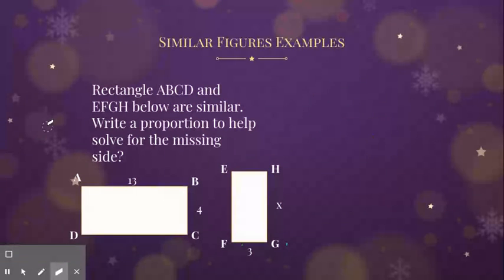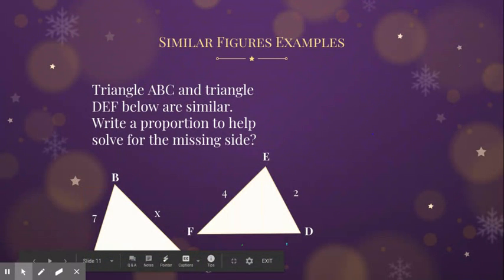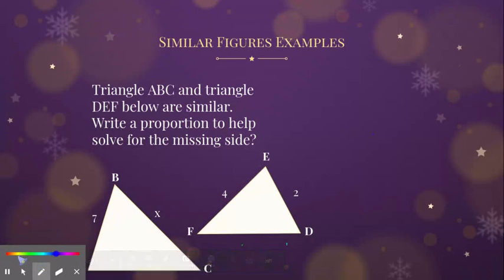Okay, let's do the next example. Okay, same thing. Triangle ABC and triangle DEF below are similar. Okay, so I'm going to redraw DEF. Okay, so it looks like this, like ABC here.